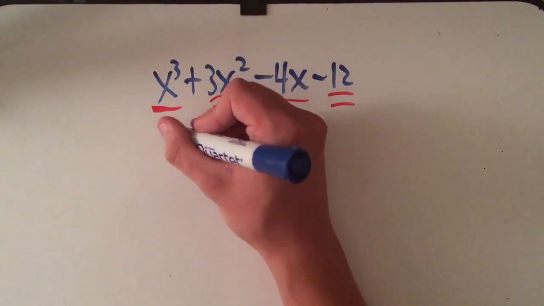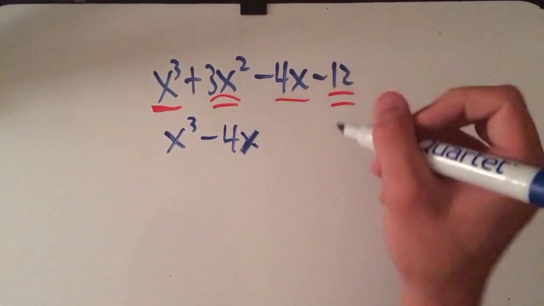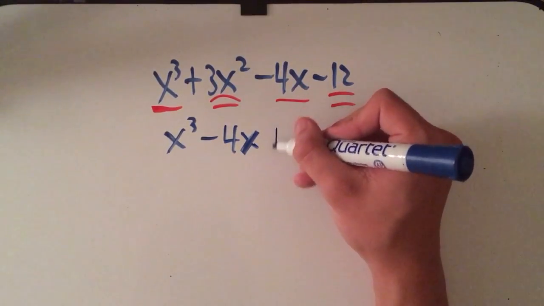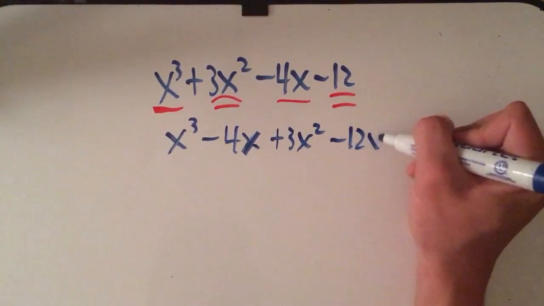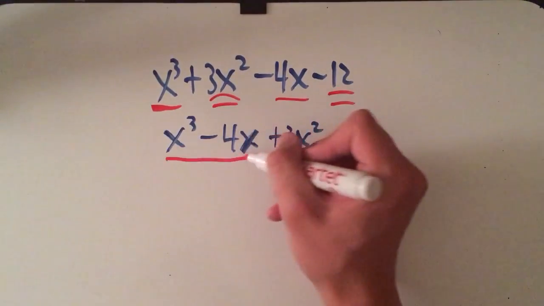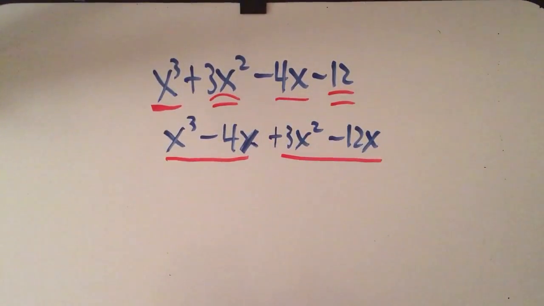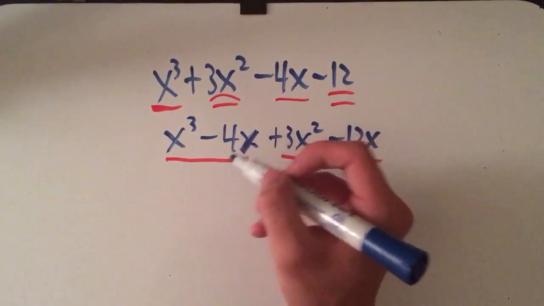So that'll be x to the third minus 4x plus 3x to the 2 minus 12x. And let's do the same thing. Group those two, and then let's factor out what we can.